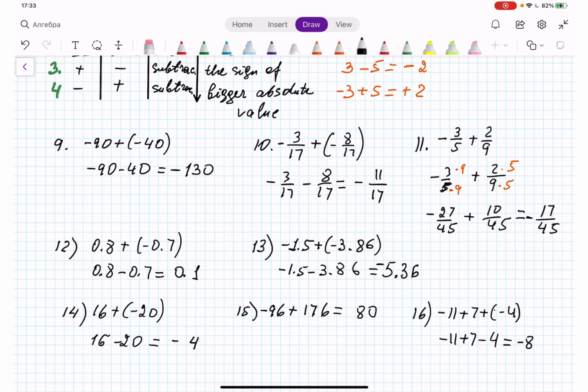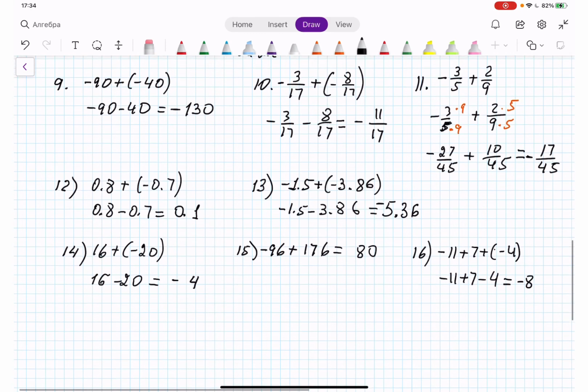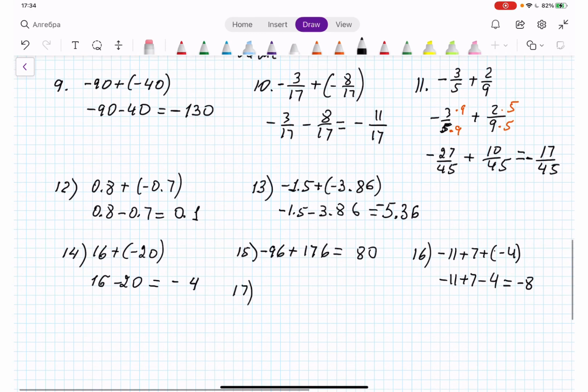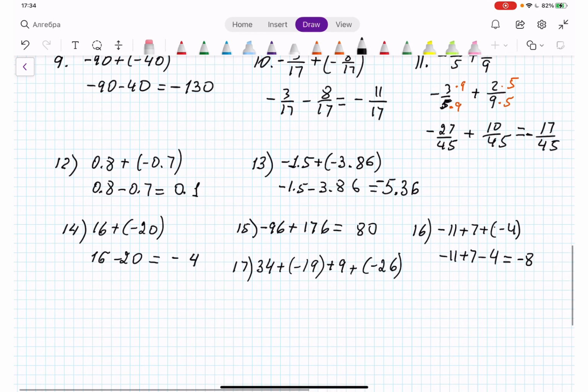And the last question we are going to do, number 17. We have 34 plus negative 19 plus 9 and plus negative 26. Okay, let's rewrite. 34 minus 19 plus 9 minus 26.